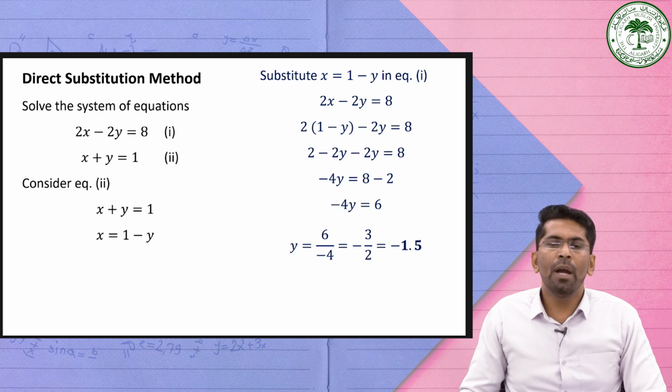Now we want to substitute the value y is equal to minus 1.5 in any one of the original equations, or you can also substitute in x is equal to 1 minus y. Let us substitute here in x is equal to 1 minus y.